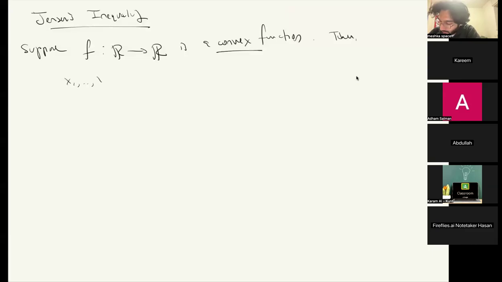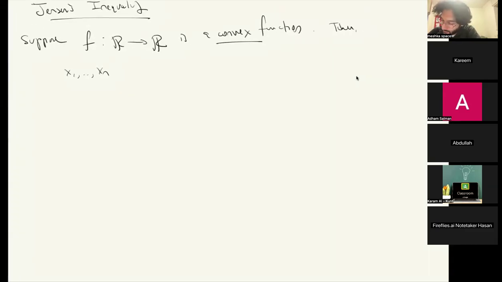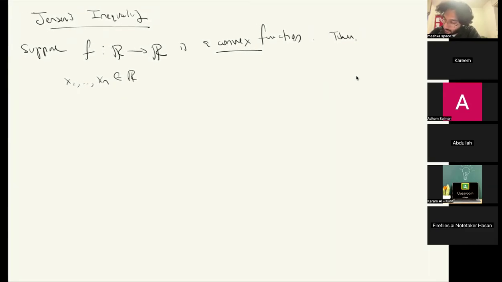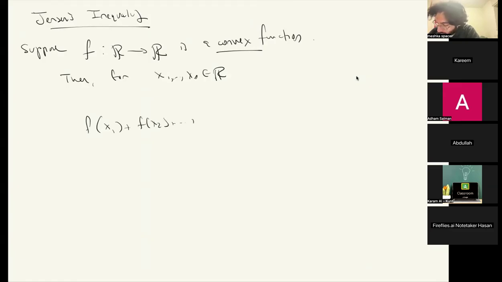For x1 through xn, these can be any real numbers now. Doesn't have to be positive, whatever. Then f of x1 plus f of x2 all the way to f of xn over n is greater than or equal to f of the average, like this.